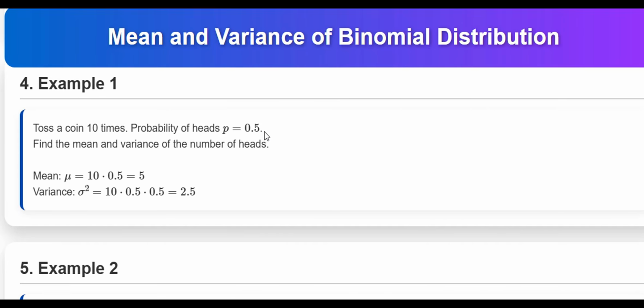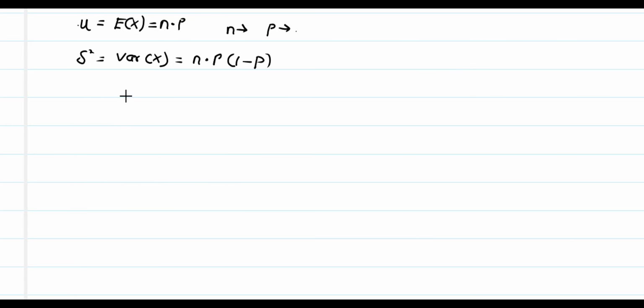For the mean, I have n as 10, the total number of tosses. The probability of success is 0.5, and the probability of failure, 1 minus p, is 1 minus 0.5, which is also 0.5.